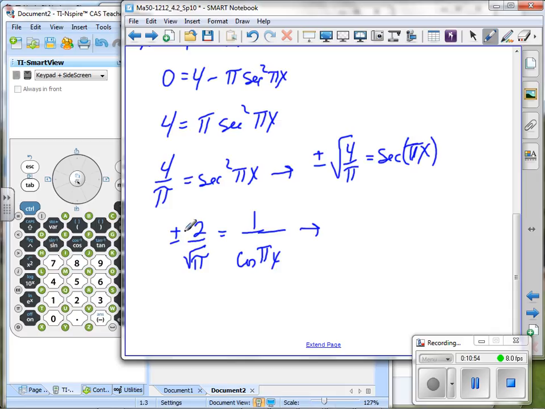What if I multiply both sides by cosine pi x, and multiply both sides by square root of pi, and then divide both sides by 2? Can you visualize that without me putting all those steps down?